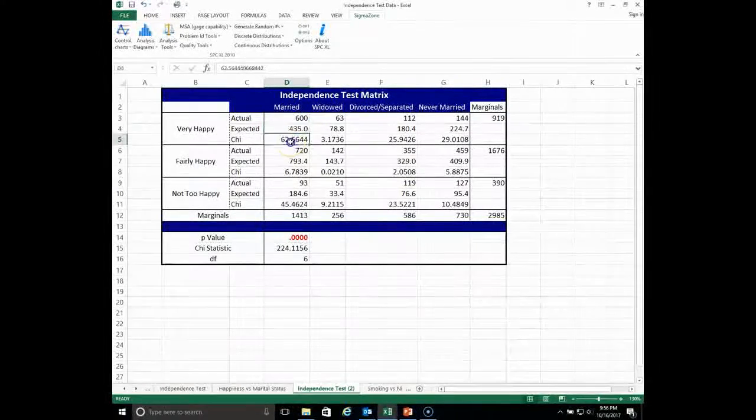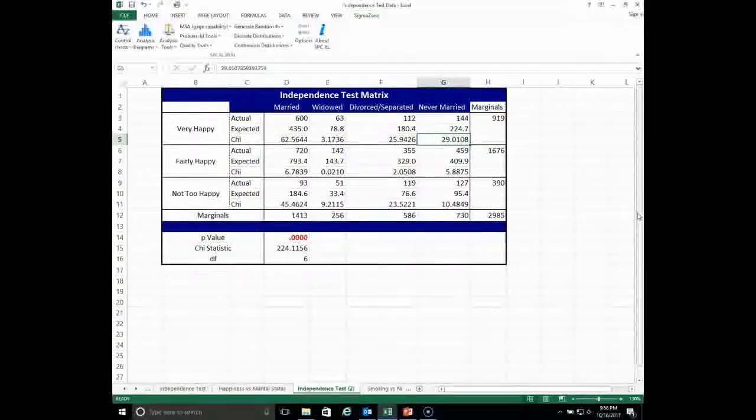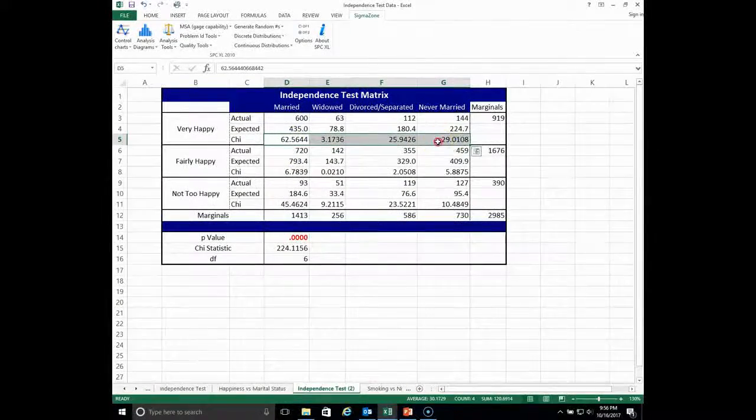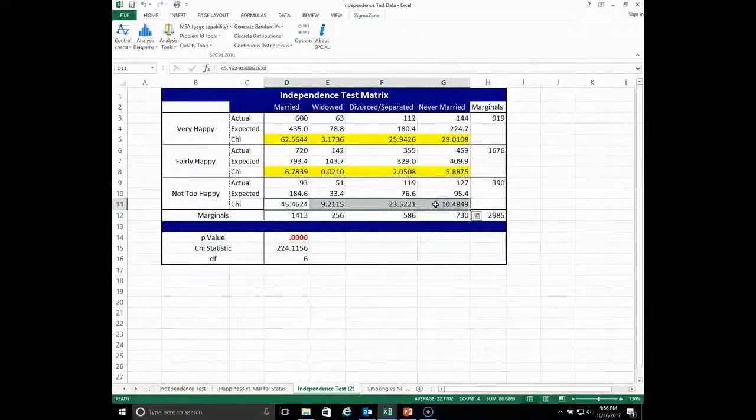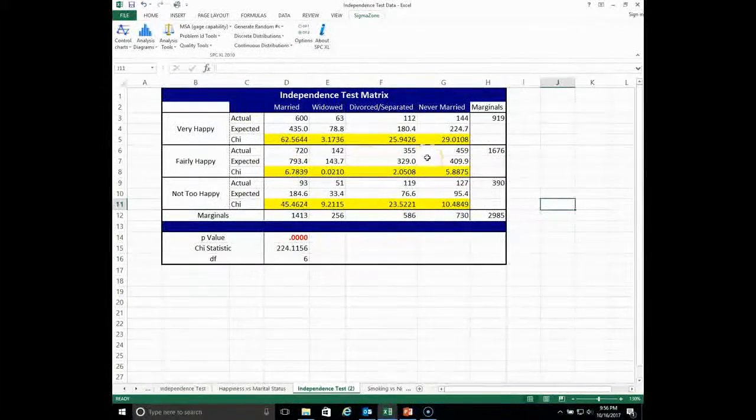So these numbers right here are just a measure of the difference between actual and expected, and the sum of these numbers right here, let me highlight this in yellow, and let me highlight these guys in yellow, and the sum of these guys. These are just intermediate calculations. The sum of those 12 numbers is equal to 224.